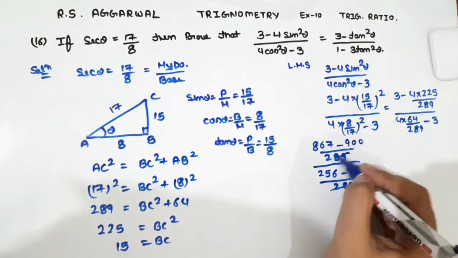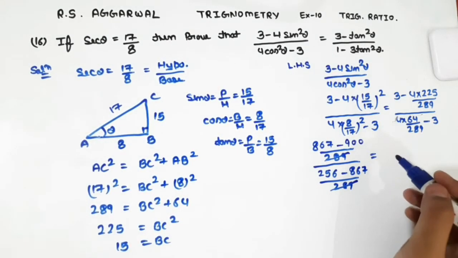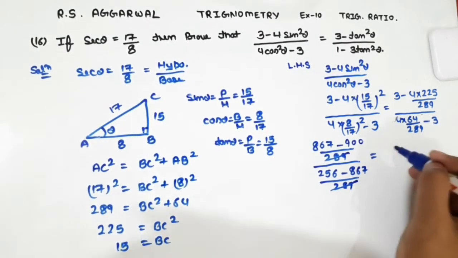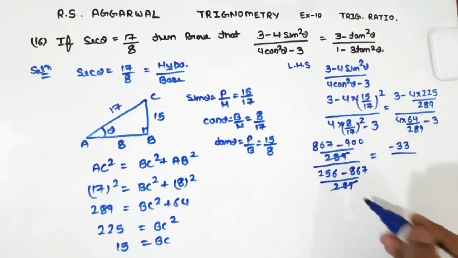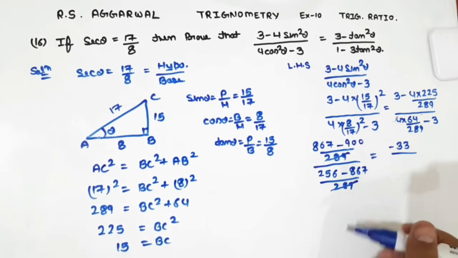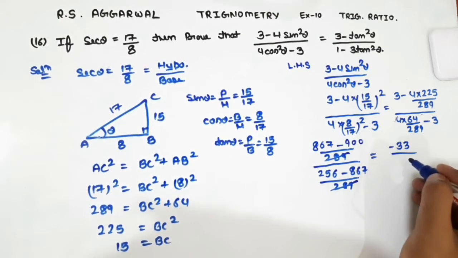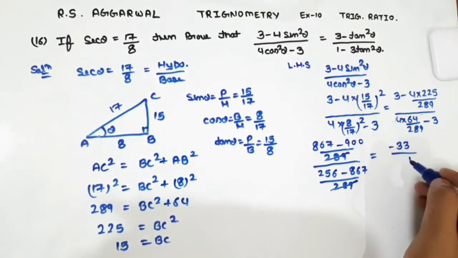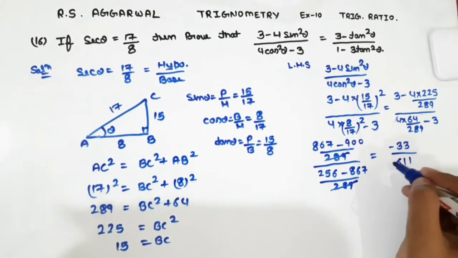So 289 will be cancelled. So 867 minus 900 will be minus 33, upon 256 minus 867, which will be minus 611.